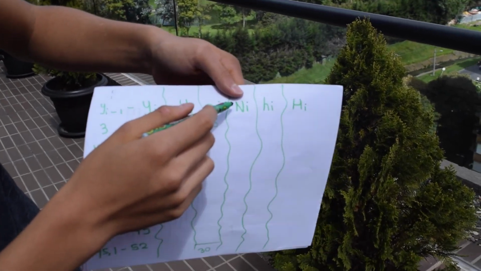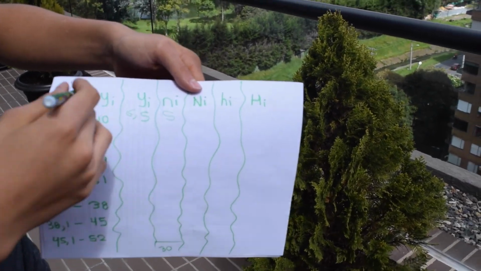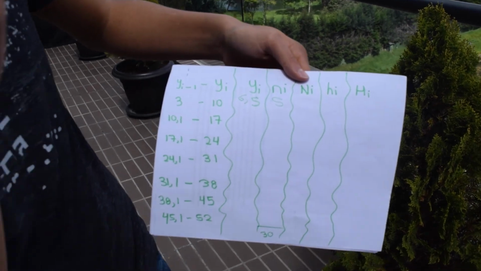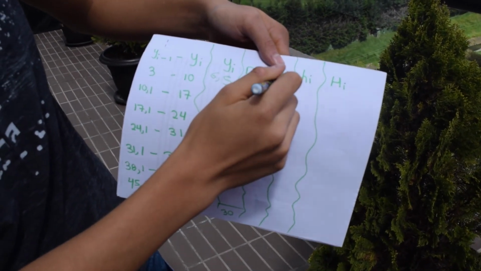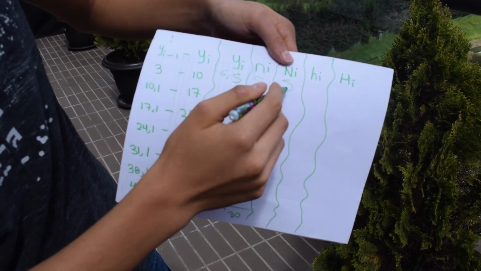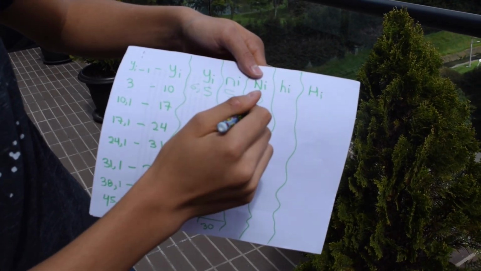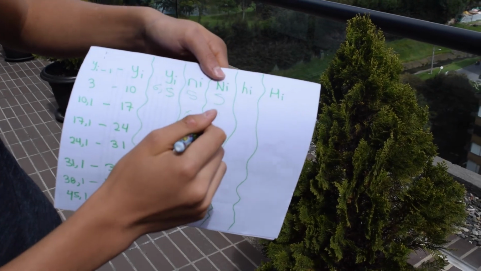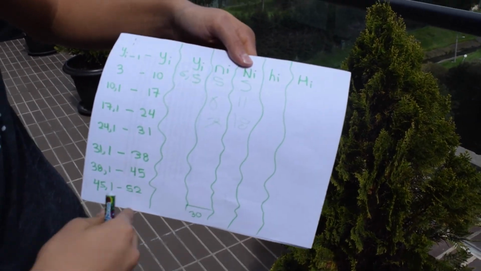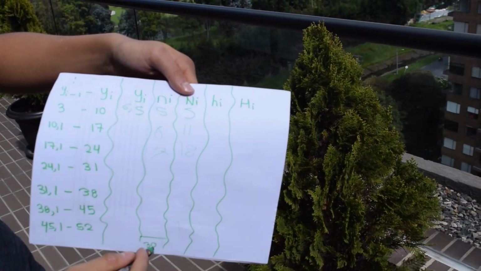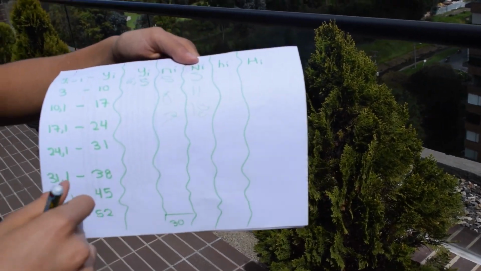The cumulative frequency represents the same thing. For example, if we have 6, 7, so 5, 5 plus 6 is 11, 11 plus 7 is 18, and in the same way to finalize with this number, 30.